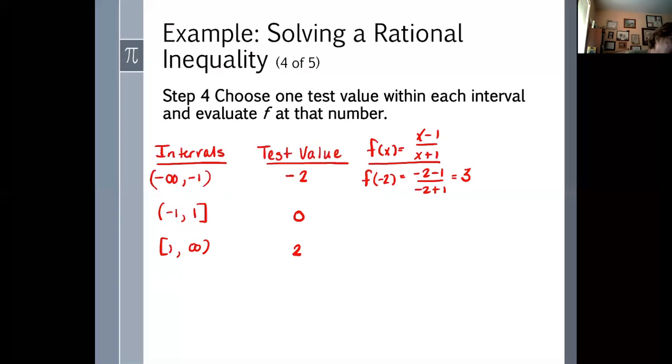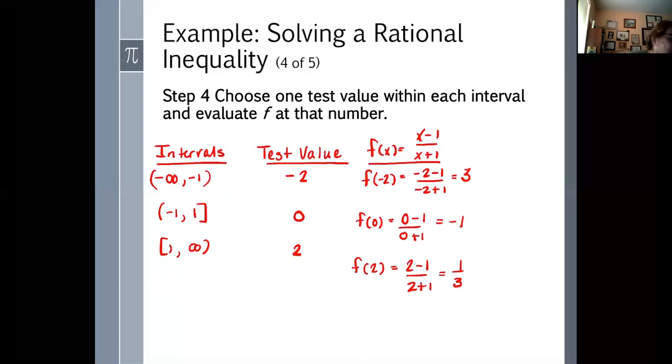Then let's evaluate this at 0. That would be 0 minus 1 over 0 plus 1, which is -1. Let's evaluate this at 2. We have 2 minus 1 over 2 plus 1, which would be 1/3.